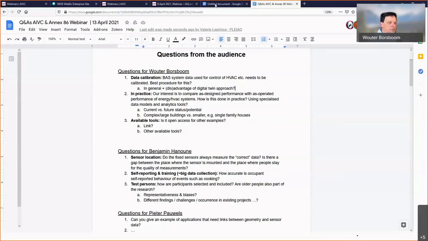And to answer the second question, are there advantages or disadvantages of the digital twin approach? I think one of the main topics, if you want to use data analysis, it has to be fast. So if you have high quality data and you have enough high quality data, it can be quite attractive to use a black box model. You don't need a good BIM file or a good physics model.